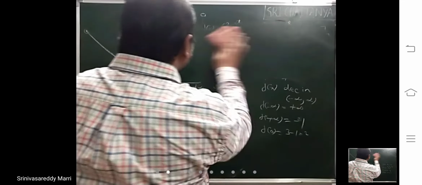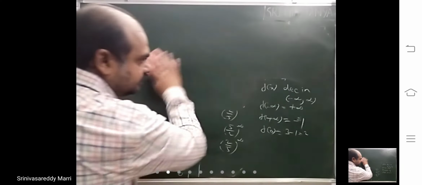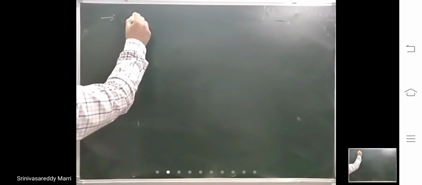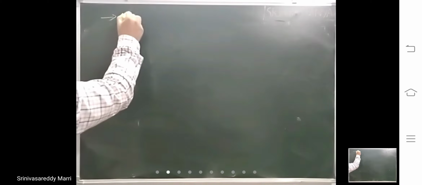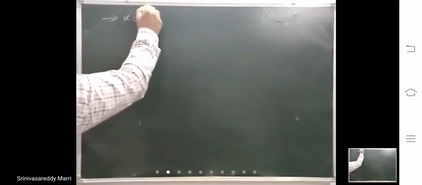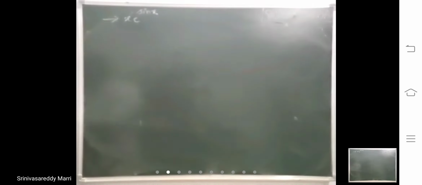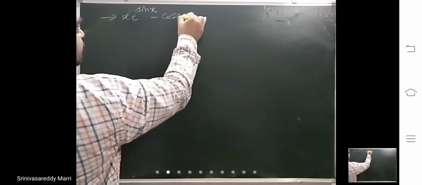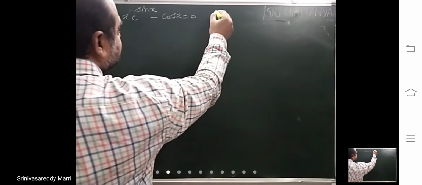Look at one more problem given in IIT, this one. Next two problems are given in IIT, look at. Suppose he has given like this: x into e power sin x minus cos x equal to 0.